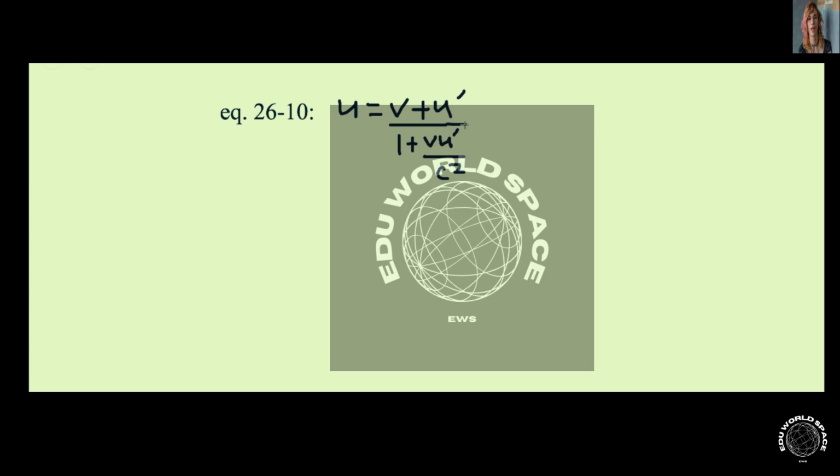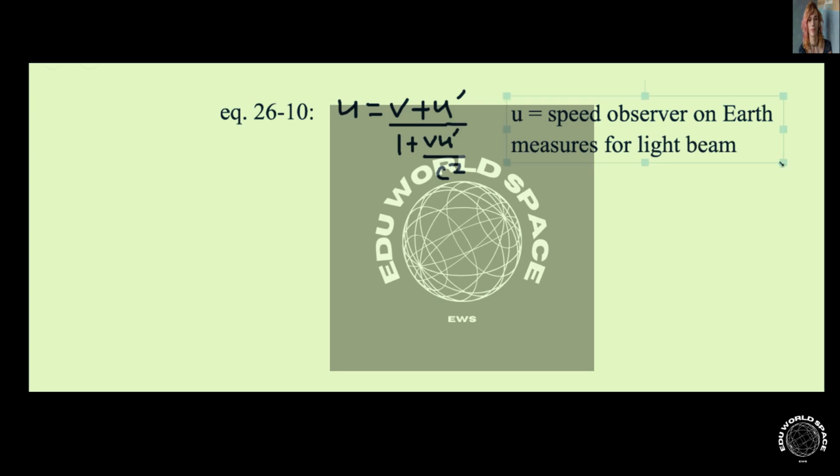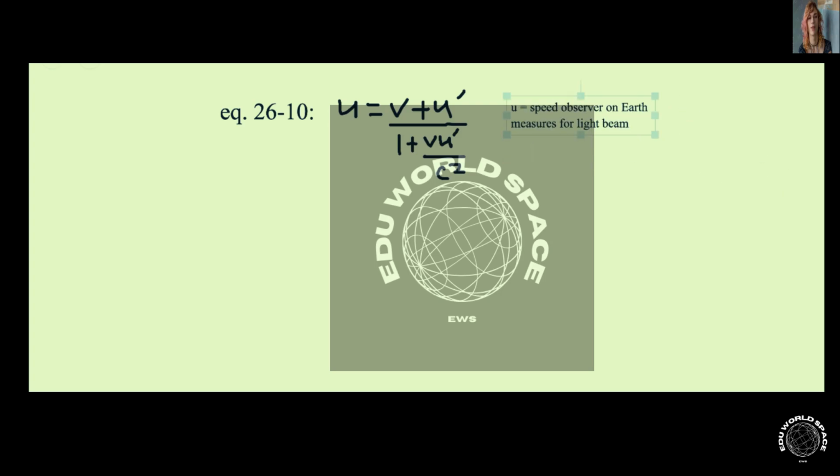Let me break down the terms here. U is the speed that the observer on Earth measures for the light beam. I'm sorry, some of the text got cut off over there. That's U.